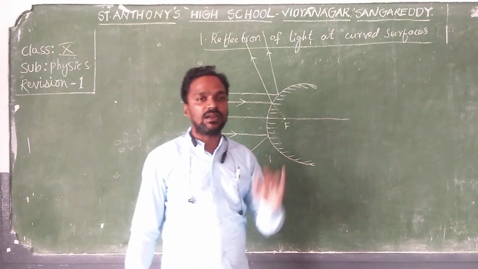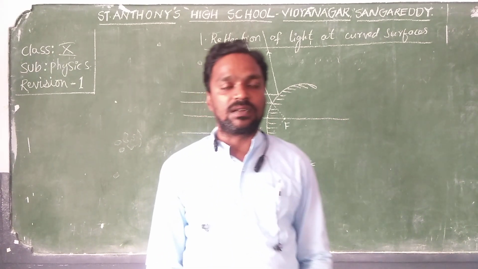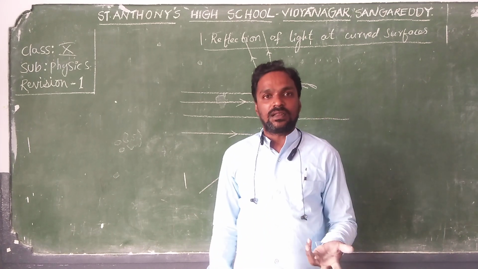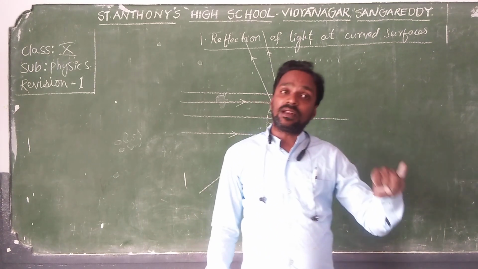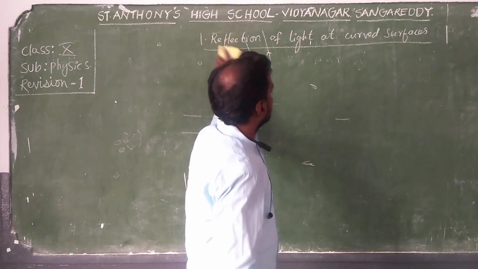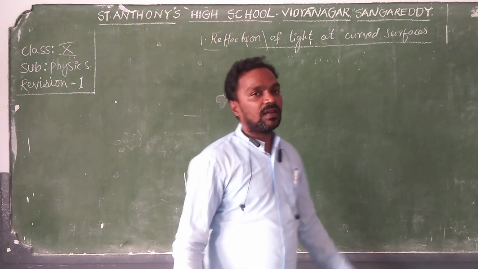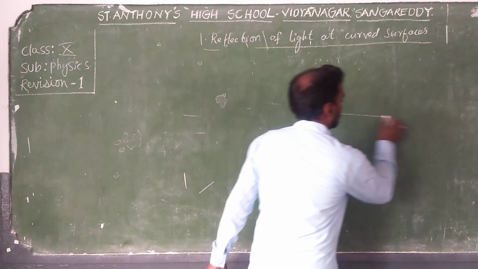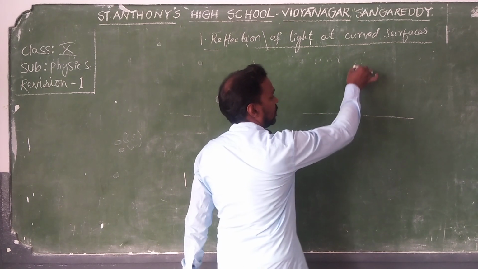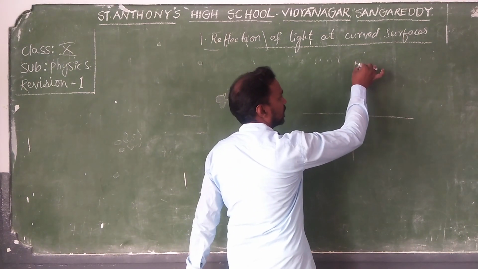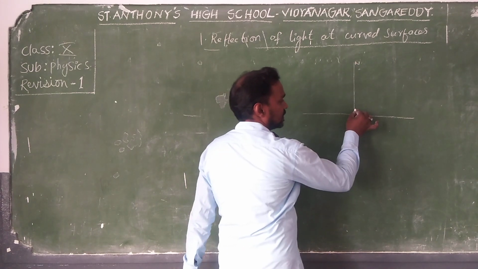So there are two types of mirror: concave mirror and convex mirror. Now, the laws of reflection of a plane mirror. We have studied the law: angle of incidence is equal to angle of reflection. In the plane mirror, if you draw a line perpendicular to the surface, this is called the normal to the surface, and this angle is 90 degrees.